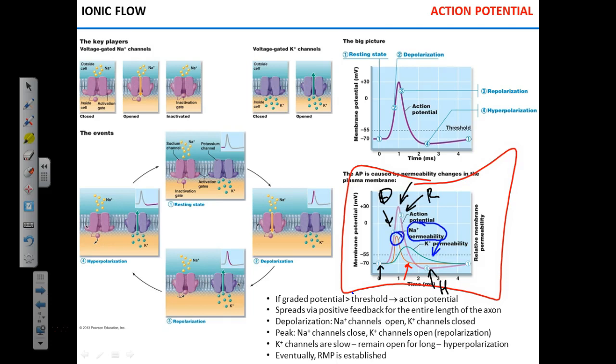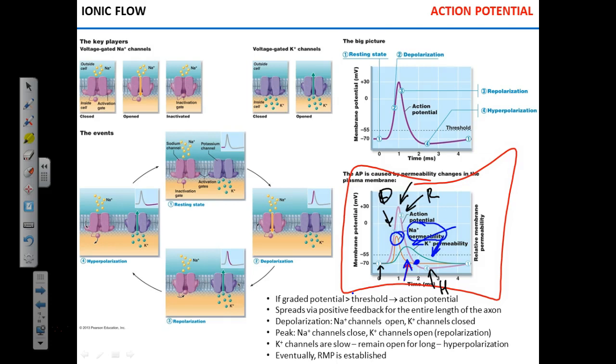During repolarization, sodium permeability goes down completely, but instead potassium permeability increases. And you can see that potassium permeability stays elevated even when the cell reaches the point of resting membrane potential.